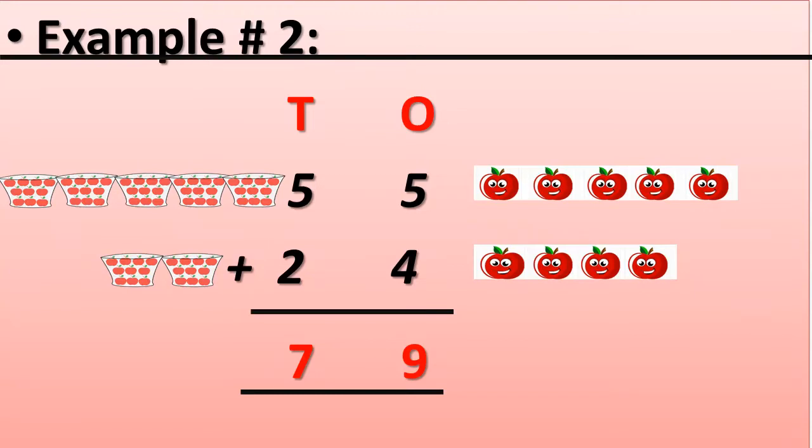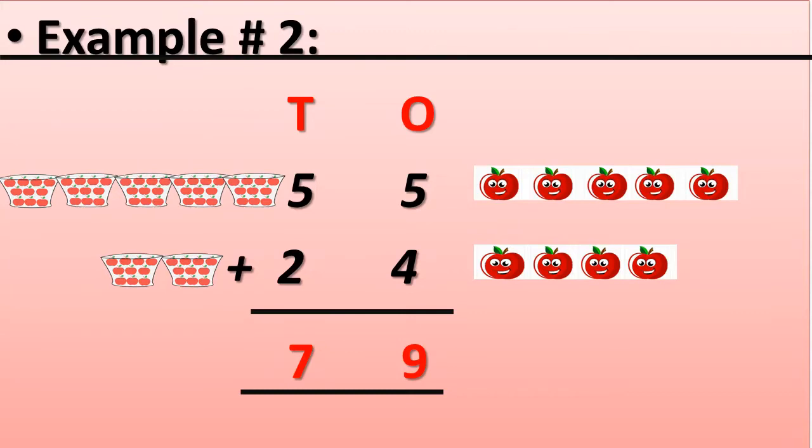We have 7 apples. So here we will write 7 in tens column. So overall the answer is 79, which means when we add 24 into 55, the answer comes 79. So here the answer is 79.